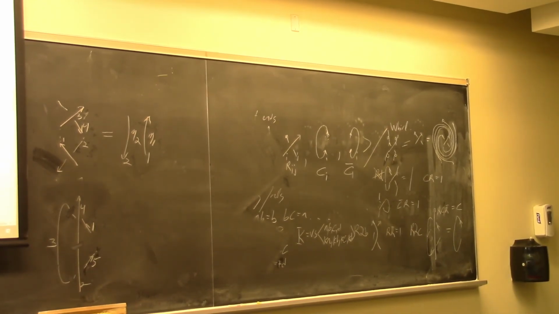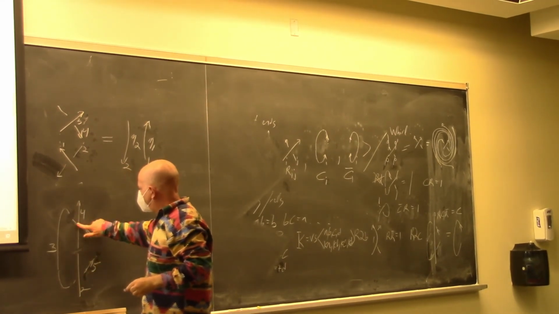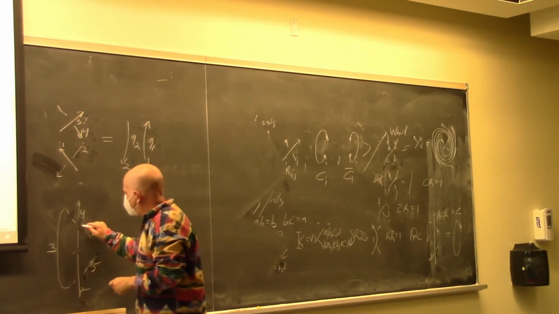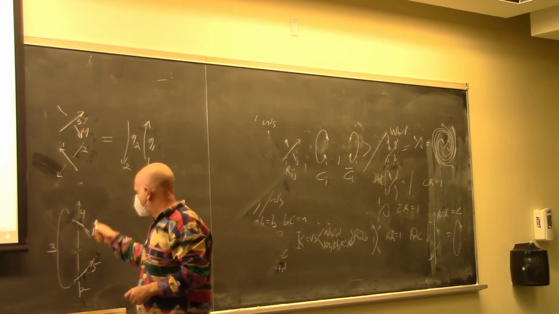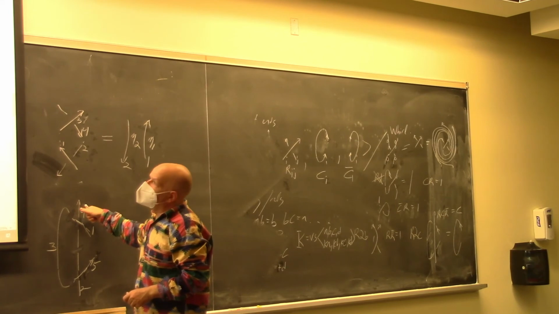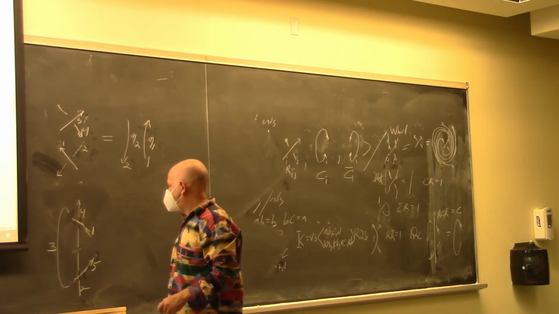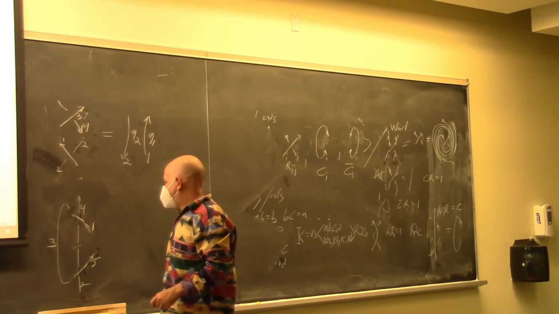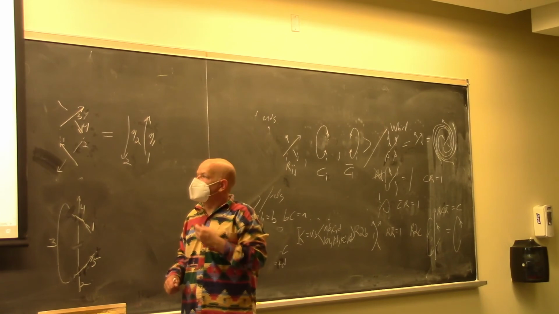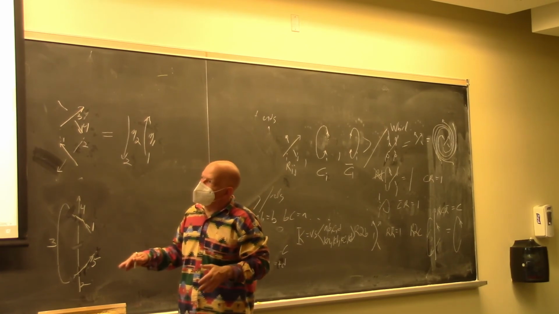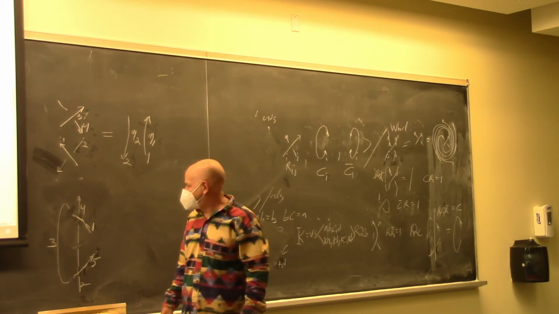A crossing between 1 and 4, a positive crossing between 1 and 4. It's the opposite orientation. So it's a positive crossing between 1 and 4. I'm sorry, I blundered orientations. Modulo blundering the orientations.